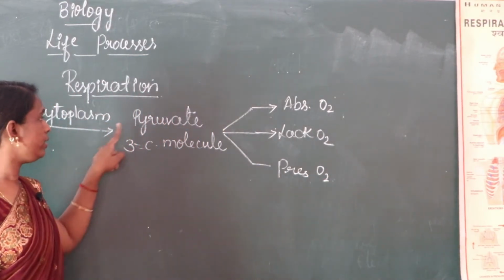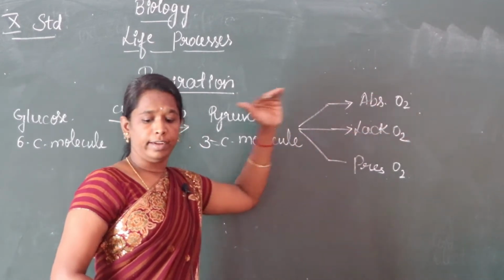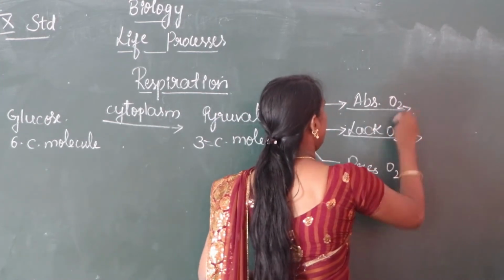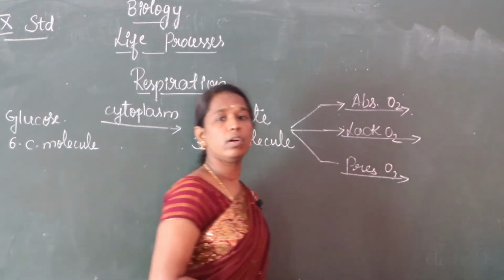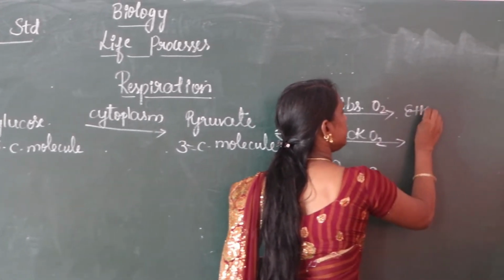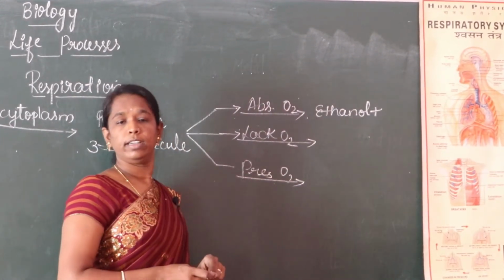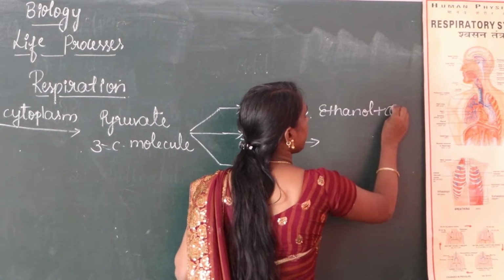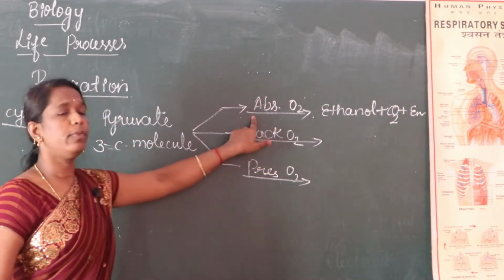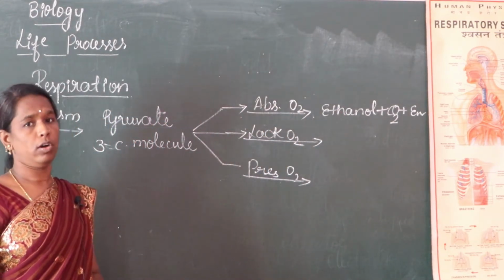Again, the pyruvate 3-carbon molecule converts differently in absence of oxygen and lack of oxygen. Absence of oxygen gives ethanol plus carbon dioxide plus energy.